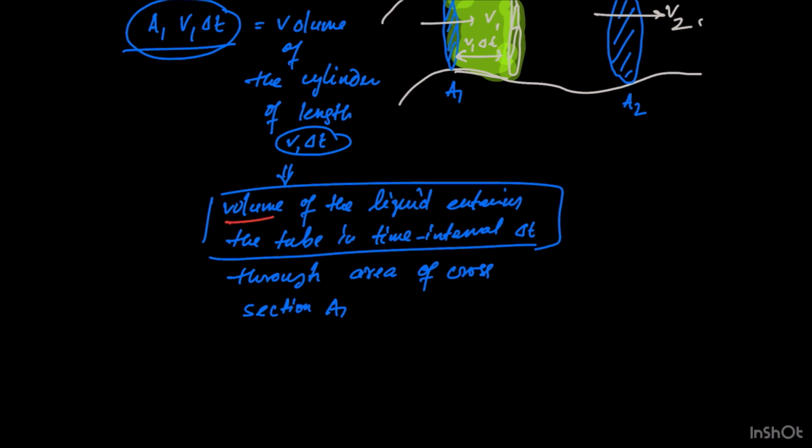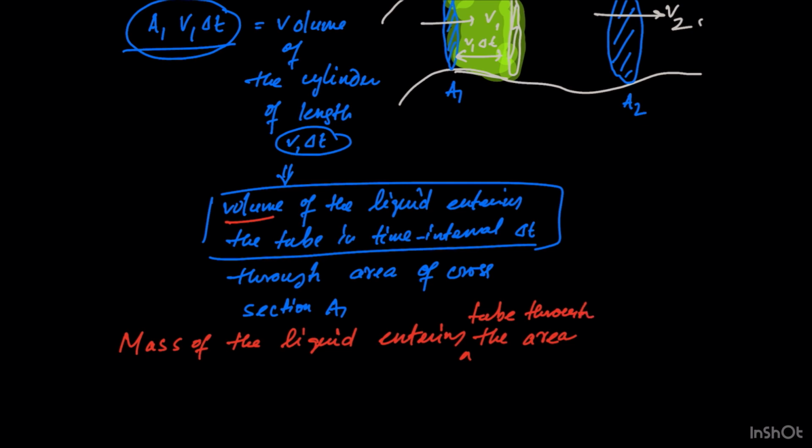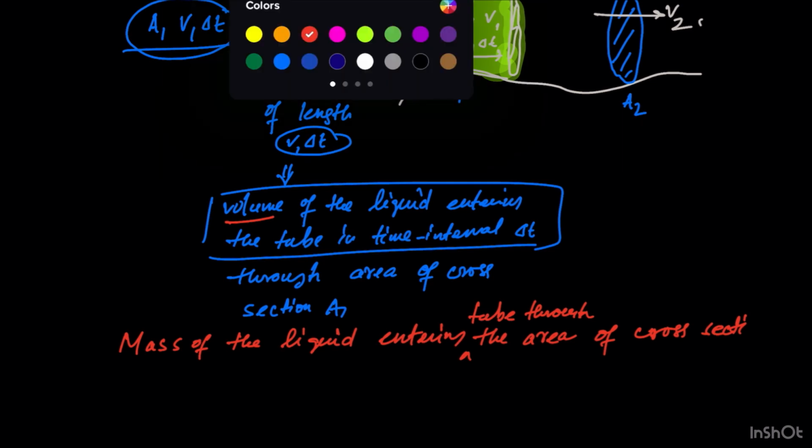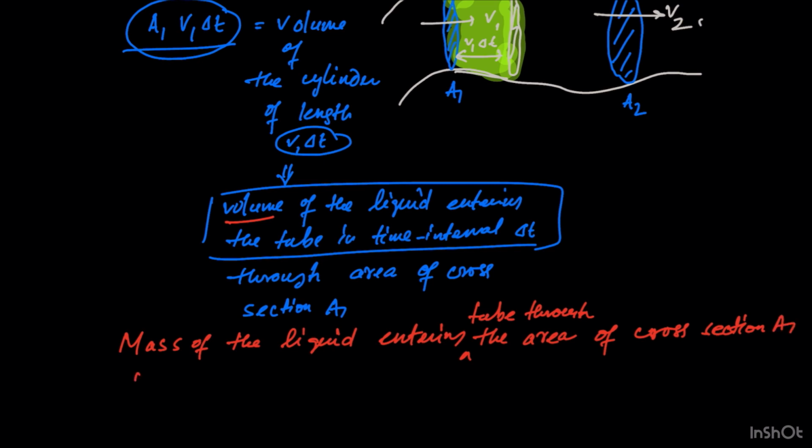I am talking about the volume, but we need the mass here. So the mass of the liquid entering the tube through area of cross section A1 in time delta t is volume into density, definitely.